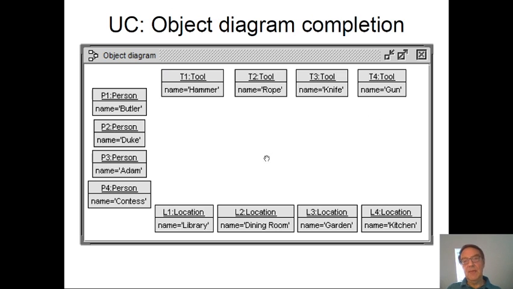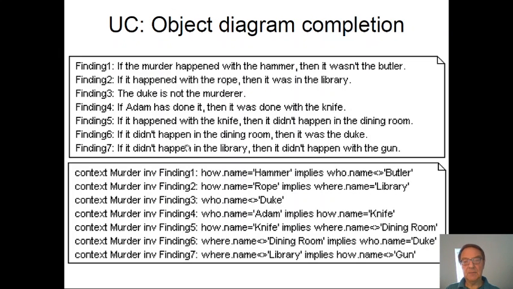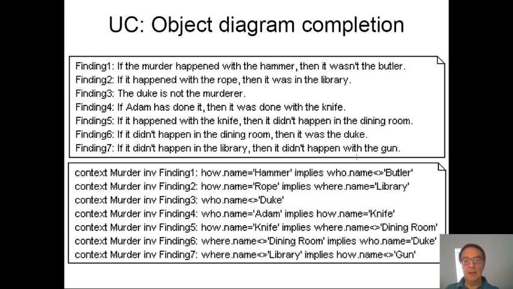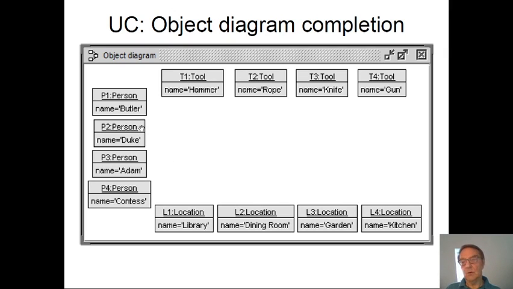We have here a partial object diagram. In the verbal explanations, several tools are mentioned, the hammer, the rope, the knife, and the gun. And several potential murderers are mentioned. The butler, the Duke, and Adam are potential murderers.